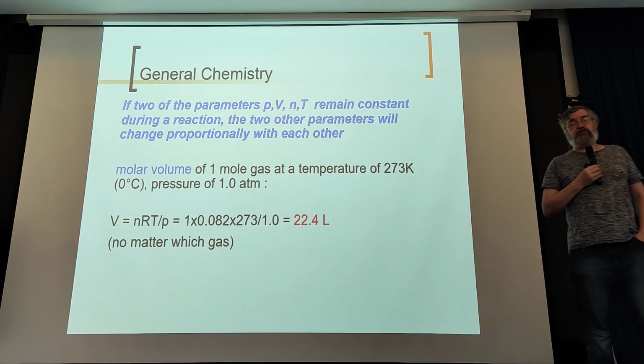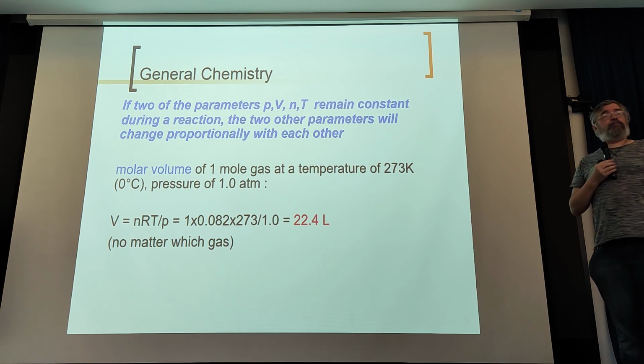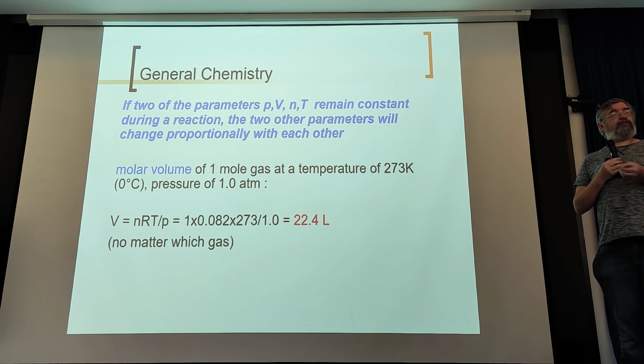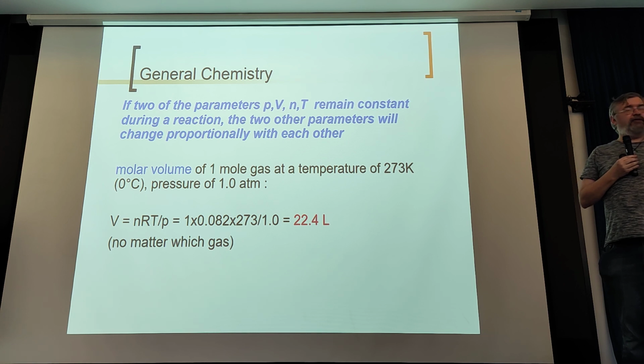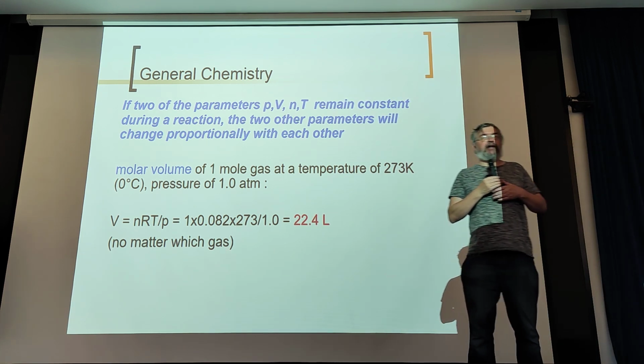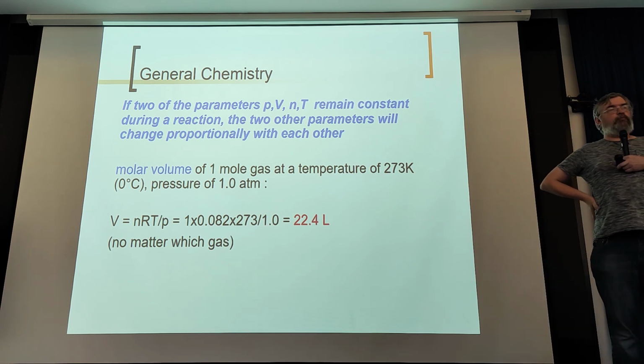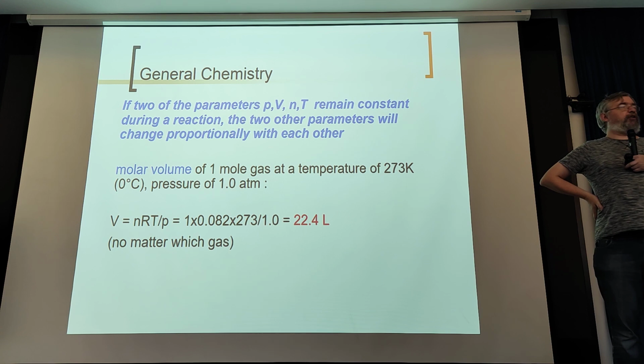So you can see this then shows that we have 22.4 liter for a mole of gas. Any gas. Doesn't matter what is the chemical composition of this gas. It's always going to occupy the same volume according to the ideal gas law.